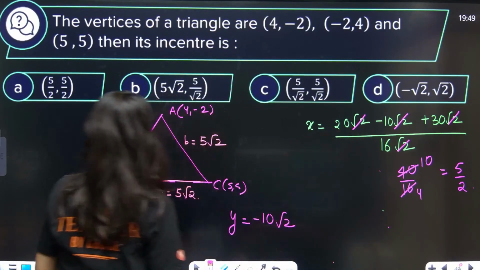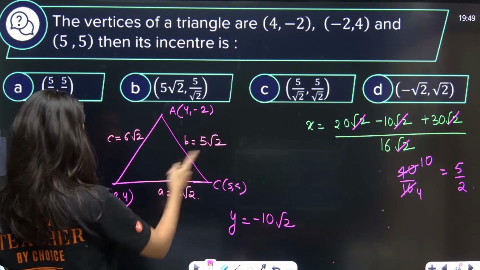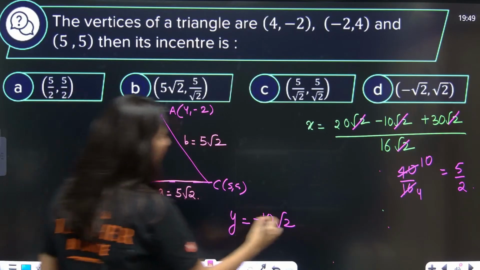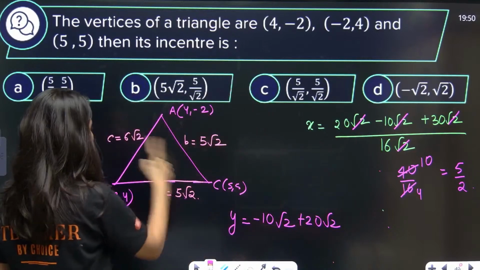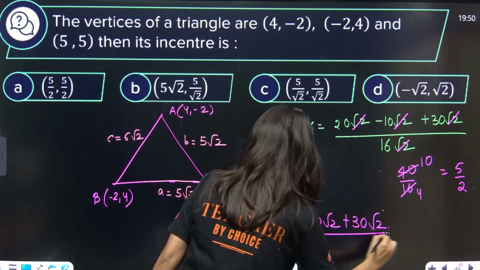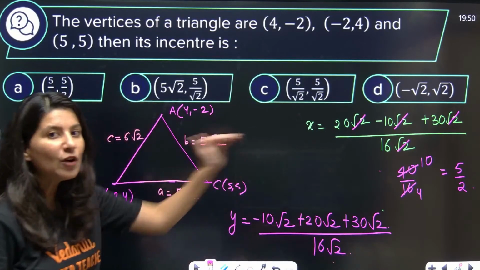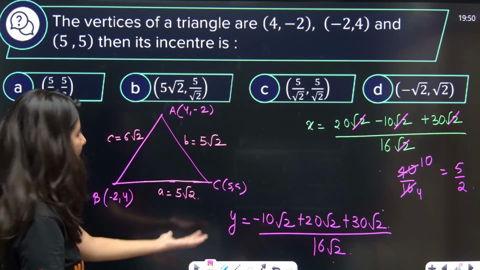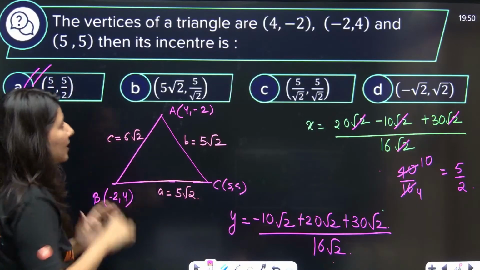Then you have B: minus 2 into this, so 5 fours are 20, so 20 root 2. Can you see 20 root 2 also? And 5 sixes are plus 30. Same calculation. If the calculation is the same, a plus b plus c you just copy paste. The denominator for both coordinates of the incenter is exactly copy paste anyway. So y is also 5 by 2, no need to calculate. Option A is absolutely right.